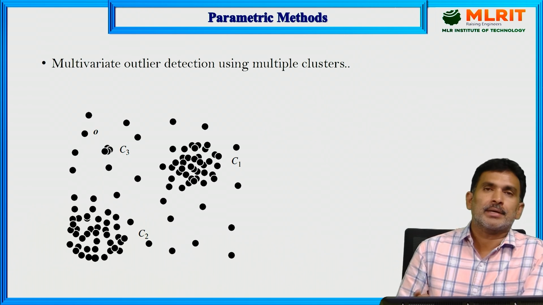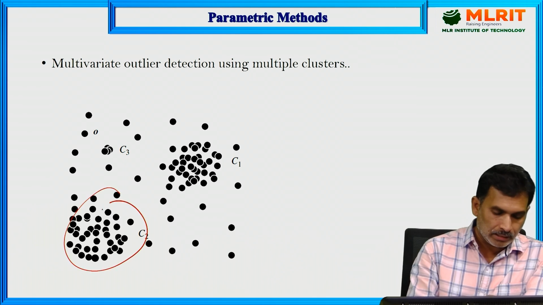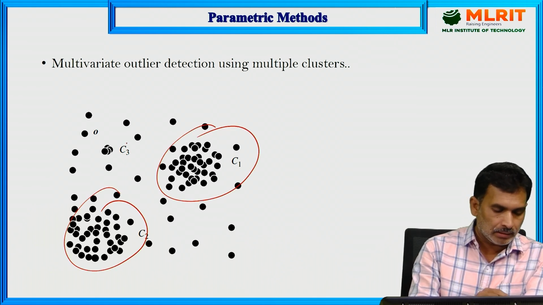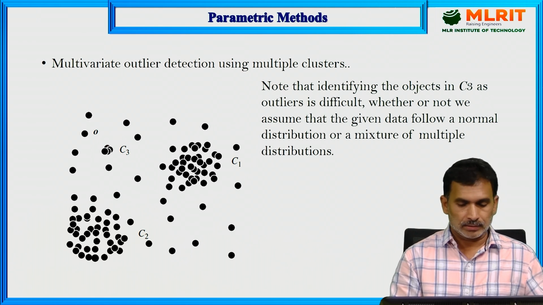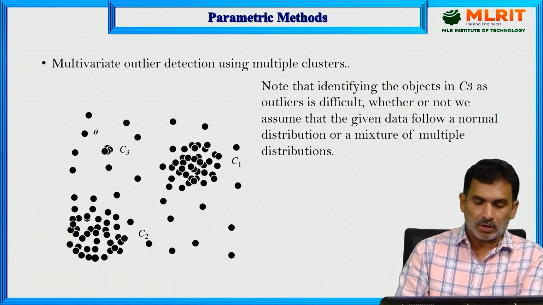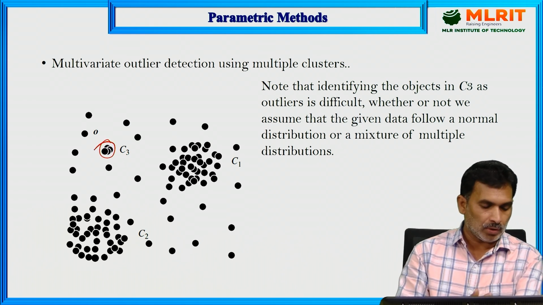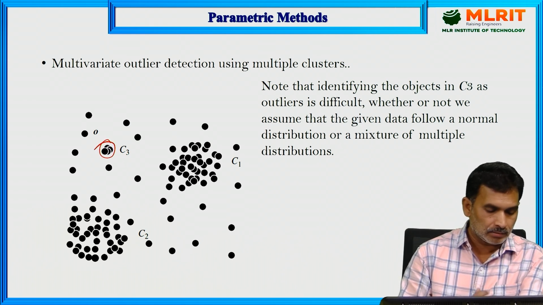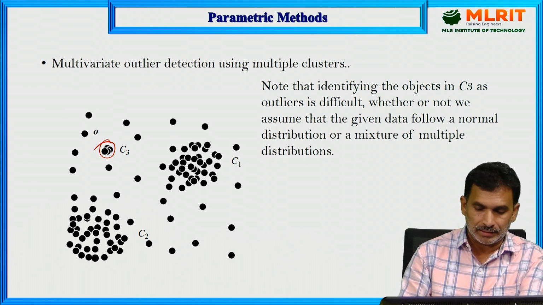Next one is multivariate outlier detection using multiple clusters. Here this is one cluster and this is another cluster, and you can also find another cluster, C3, here. We can identify the objects in C3 as outliers because it is a very small cluster and the density of data points is very high.